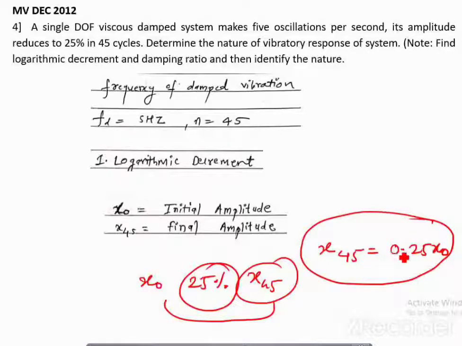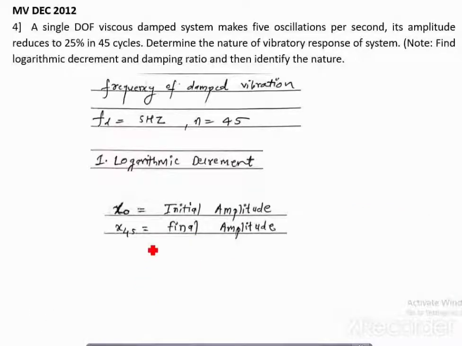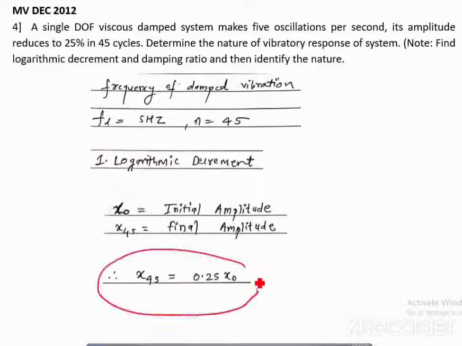If you multiply 0.25 by x0, you get the final amplitude x45. But I don't exactly know what x0 is. So first, x45 is equal to 0.25 x0. I hope it is clear to you guys, how I am trying to solve this type of problem.